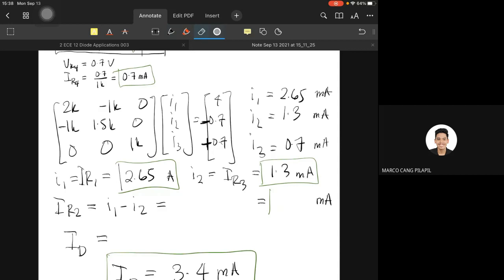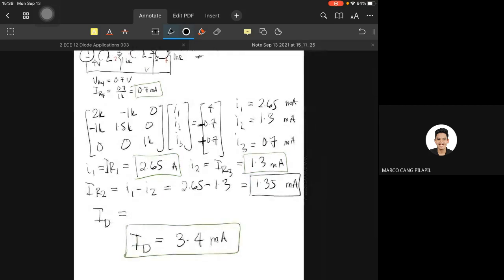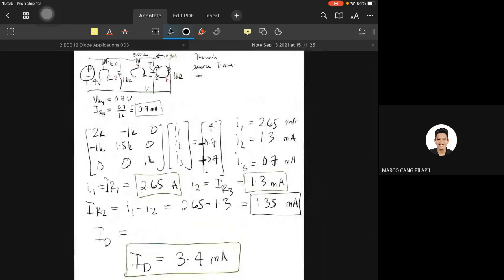So 2.65 minus 1.3, 1.35. So ID. So sakto gid ito, no?